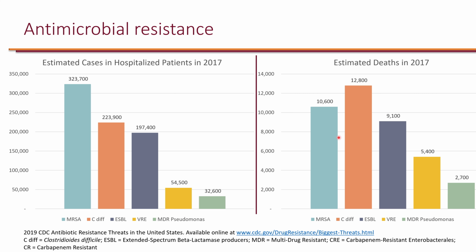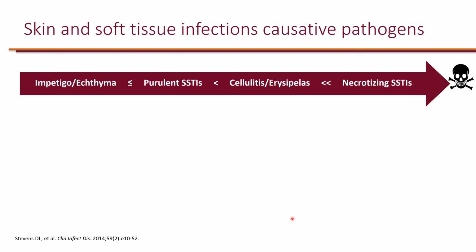And when you consider estimated deaths, although more people have died from C. diff in 2017, still over 10,000 people have died as a result of MRSA infections. And that's all infections in general, not necessarily skin and soft tissue infections, just to emphasize the importance of MRSA when it comes to infections. Now, with skin and soft tissue infections in particular, we can kind of consider severity on a spectrum.